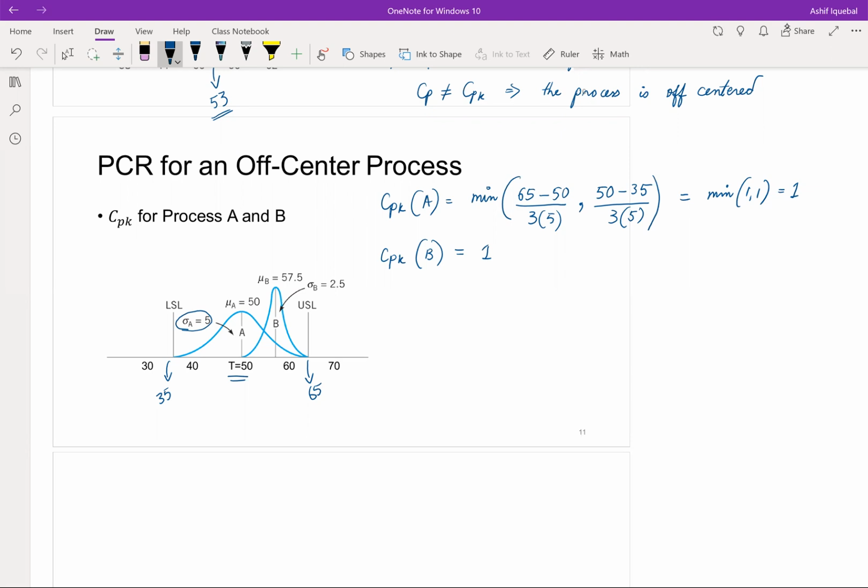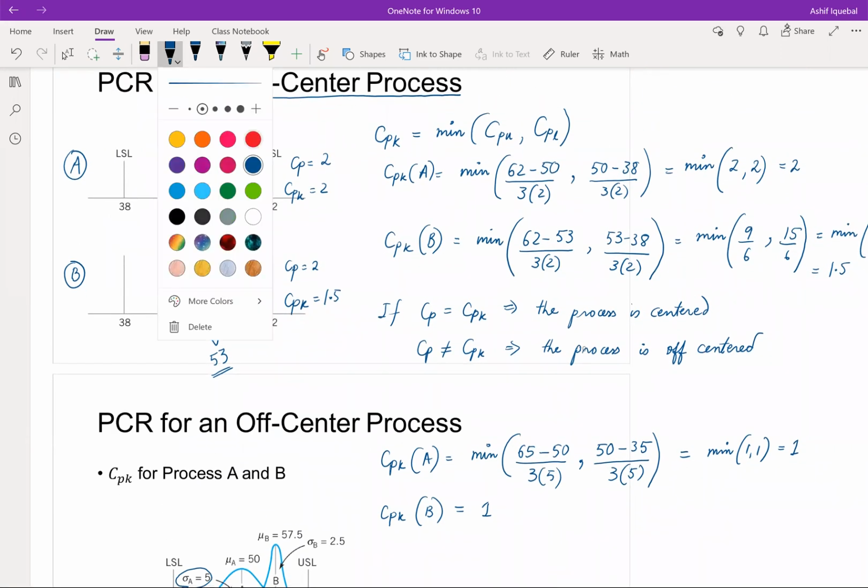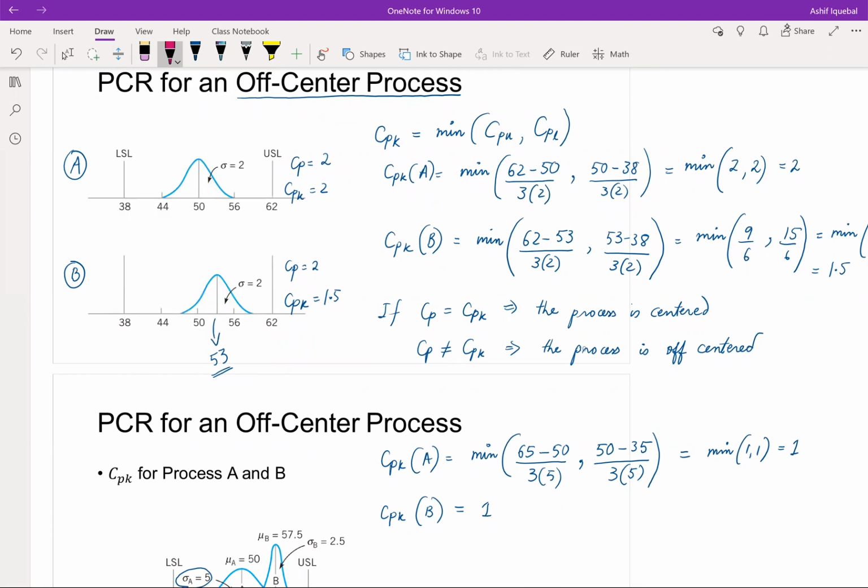Now, this would again confuse you, right? We expected CPK for process B to be smaller than CPK for process A. Now, this is not happening because the standard deviation is also changing in this case. If you go to the previous case, the standard deviation was fixed. Only the mean was changing, right? Only the mean was changing and the standard deviation was fixed.